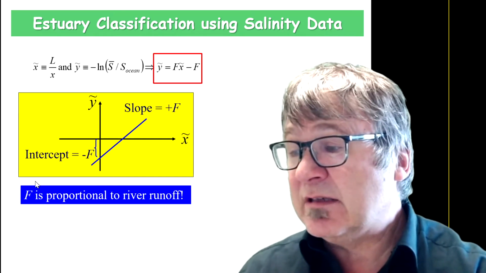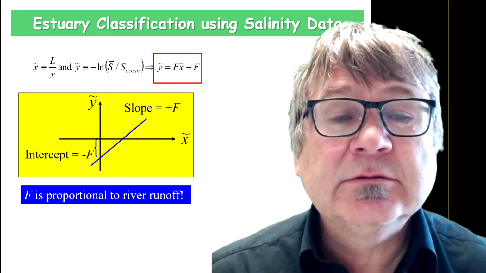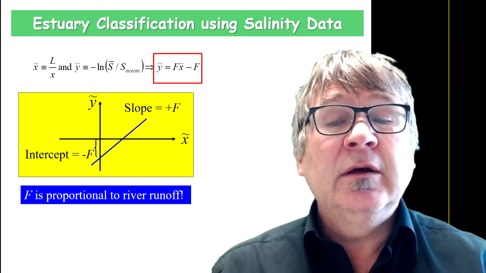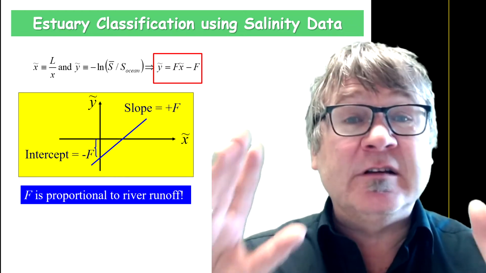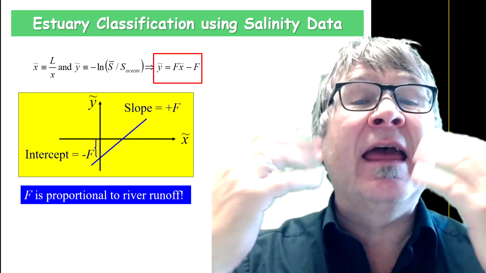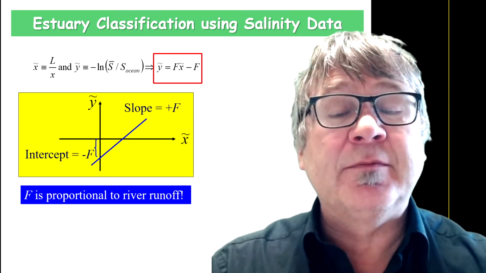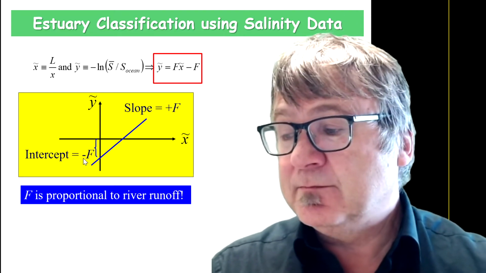Okay, and we go to the next slide. It's a linear equation, where f is the slope and f is the negative intercept, or minus f is the intercept, shown in this sketch.